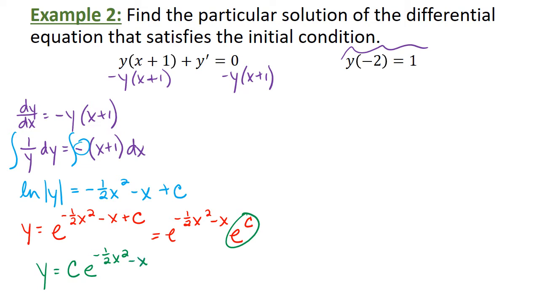Now that y is by itself, I can go ahead and apply this initial condition by plugging in negative 2 for x and 1 for y. When I do that, this will allow me to find the value for c. So I'll go ahead and do that now.